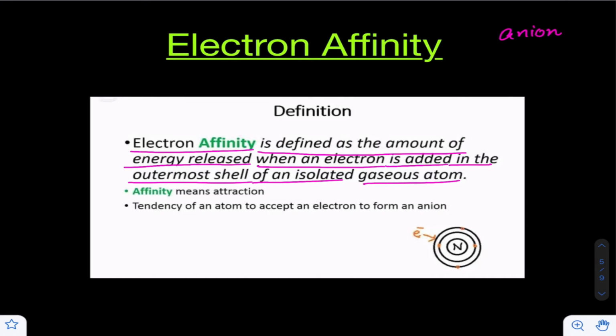Now if the size of the atom is smaller, we have studied in the previous video that the atom can gain an electron easily. So the electron affinity of that atom will be high, and if any atom is of greater size, its electron affinity will be low.